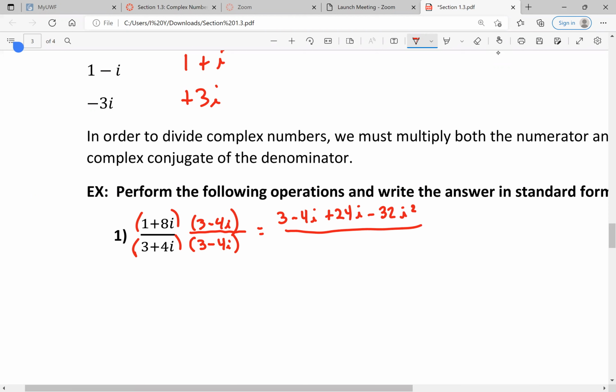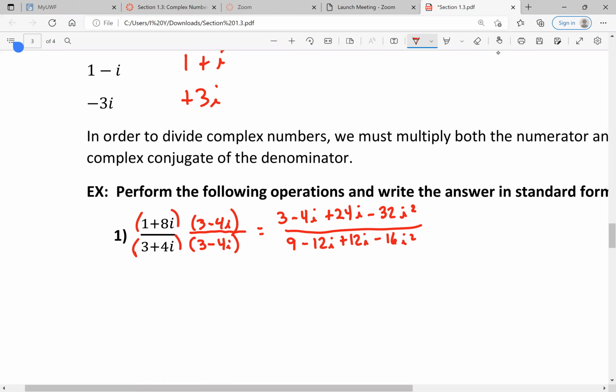Now coming down here to the denominator, I have 3 times 3, which is 9. I have 3 times negative 4i, which is negative 12i. I have 4i times 3, which is positive 12i. And I have 4i times negative 4i, which is negative 16i squared.